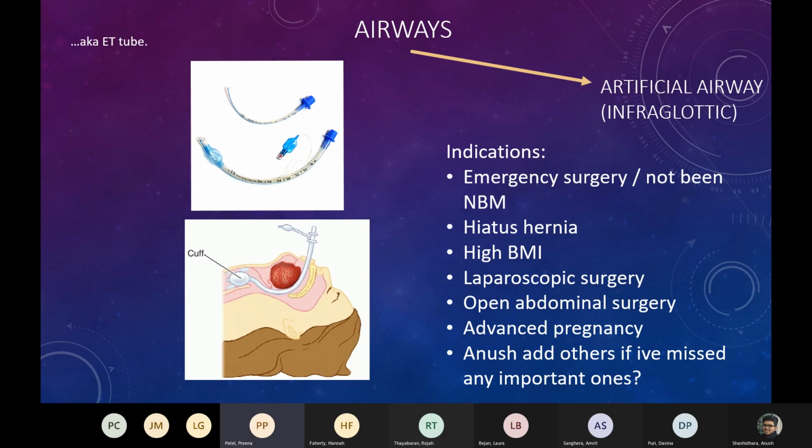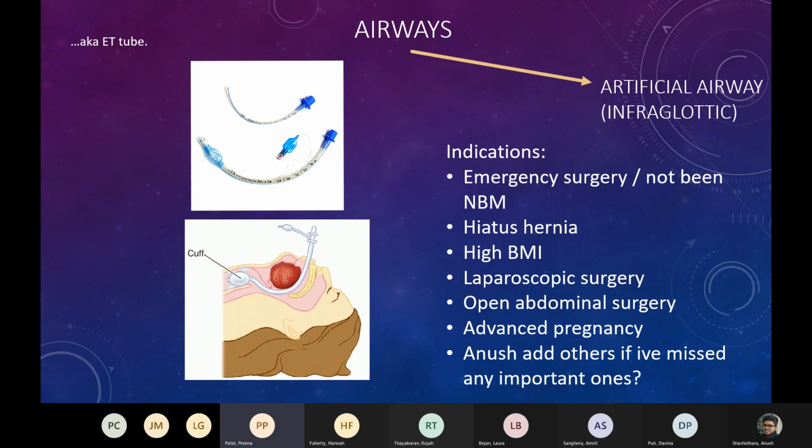Okay, so these are the ones that we had. If they're having emergency surgery and they might have a full stomach, you do this. If they've got a hiatus hernia, they're more likely to reflux. If they've got a high BMI, they've got probably more abdominal pressure pushing on their diaphragm.